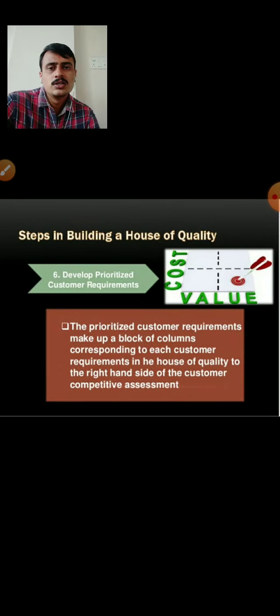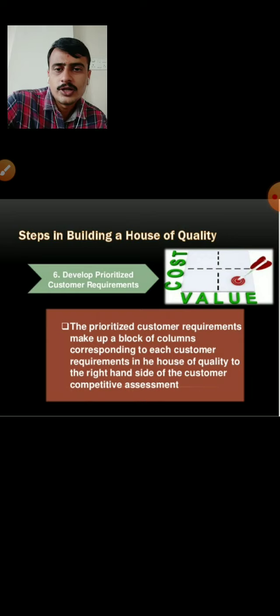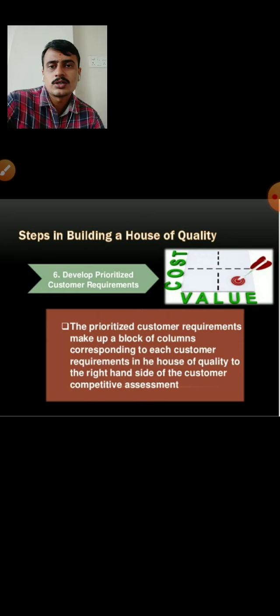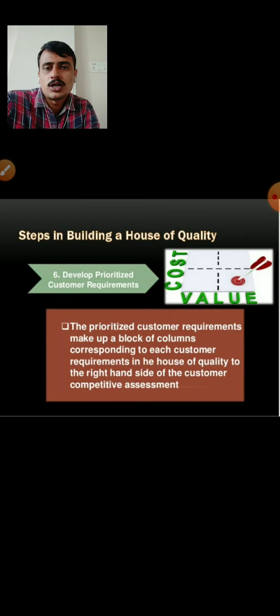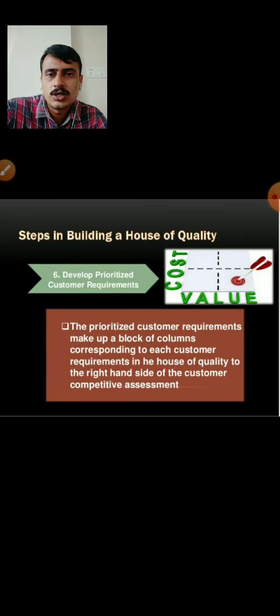And last is the steps of development priority of customer requirement, that means cost of value. It is made up of a block of columns corresponding to each customer requirement in the house of quality, to the right-hand side of the customer competitive assessment. That means how to develop customer requirement.